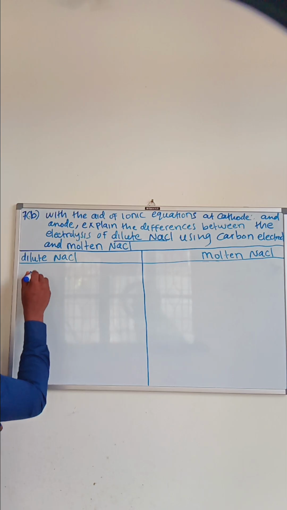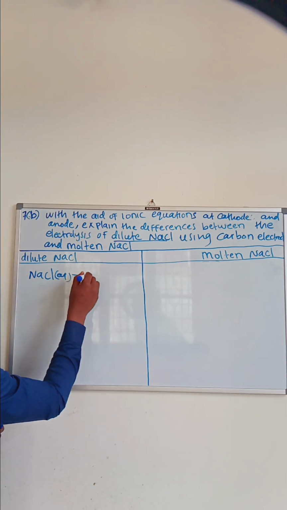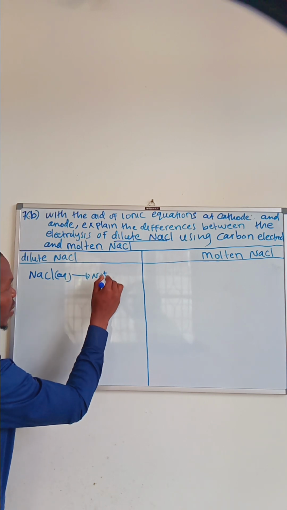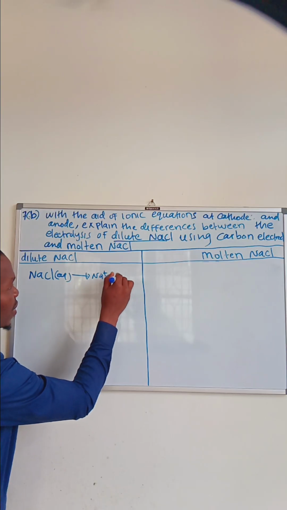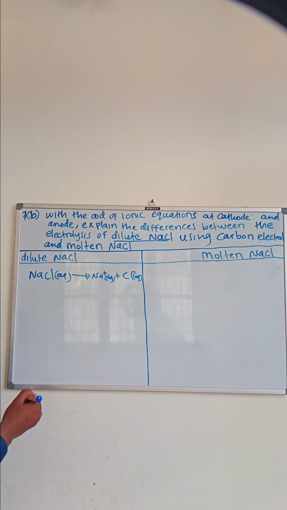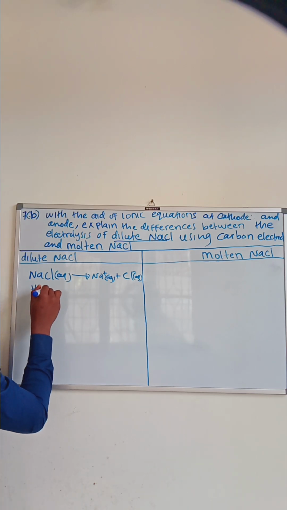Dilute sodium chloride, during electrolysis, dissociates to produce sodium ions, aqueous, and chloride ions, also aqueous. But because this is dilute, there is water inside.